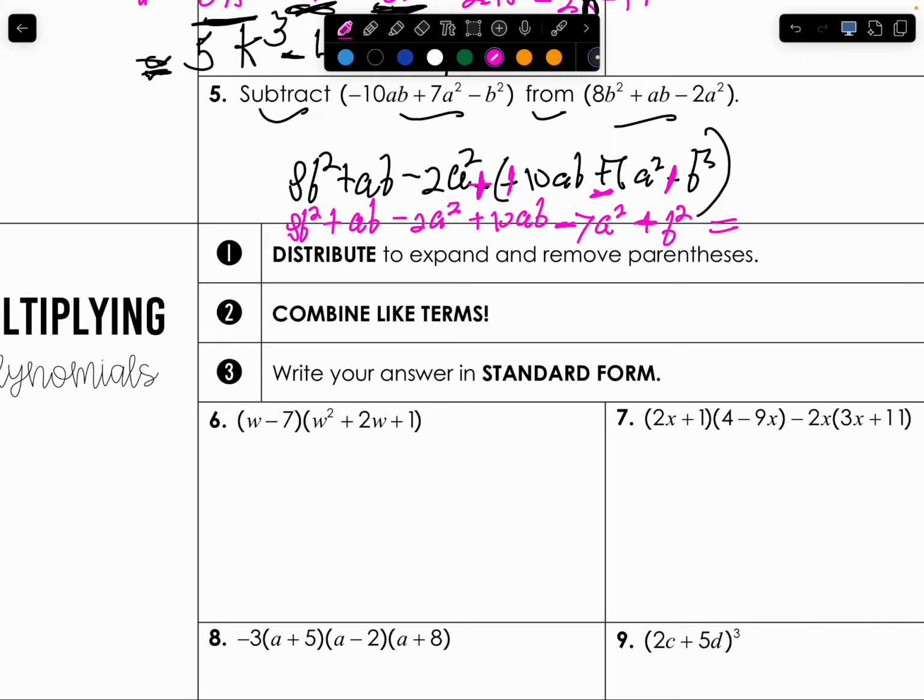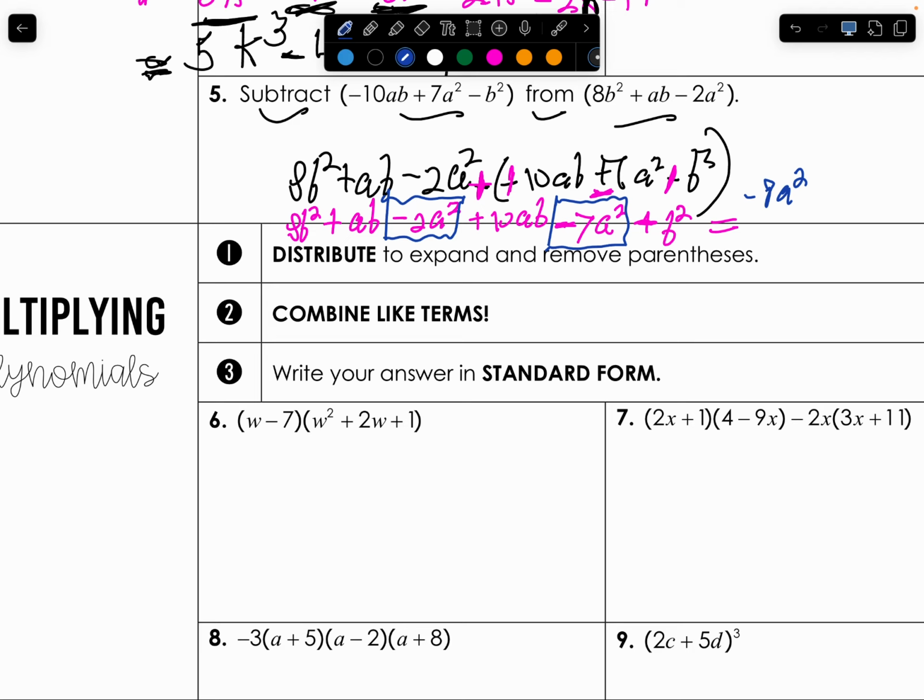Let's put all this stuff together. They can go together. The biggest power is the squared. I'll go with the a's first, alphabetical order. So the a squared, there are those and those for the squares. Any more a squareds? No. So I've got negative 7, take away 2 more, negative 9a squared.